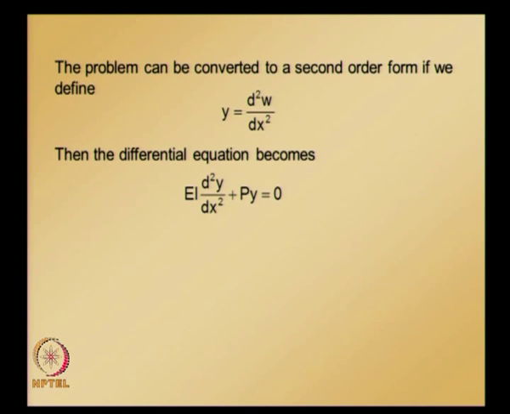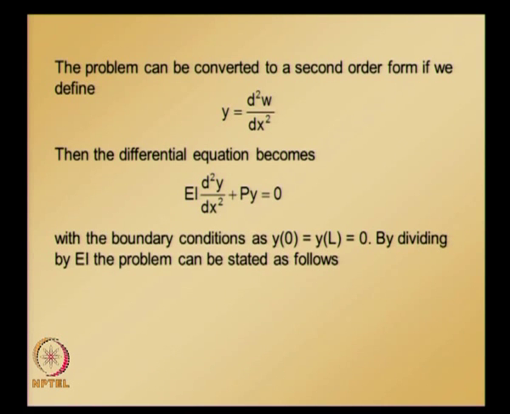This differential equation can also be rearranged and written in this manner, where the boundary conditions are also indicated: y is equal to 0 both at x equal to 0 and x equal to L. So now we have the column buckling problem in the same form as the general one dimensional boundary value problem.